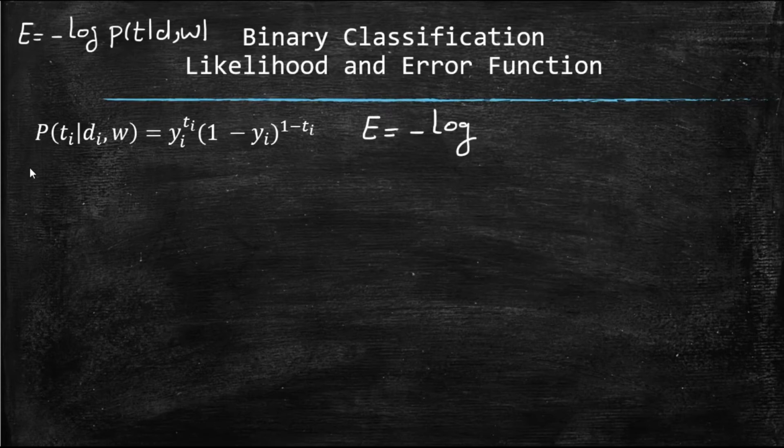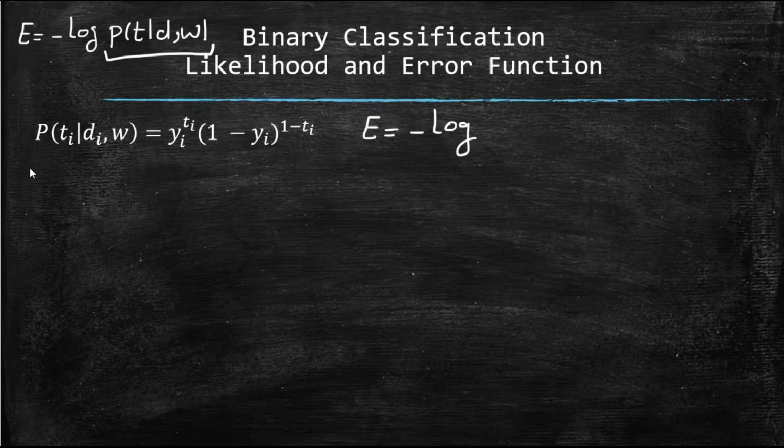of the likelihood. As you remember, we said that since the ground truth labels are independent of each other, so t sub 1, t sub 2, t sub 3, they're independent, then if you want to find the likelihood of all of your ground truths being observed, you can equate that to the multiplication of observing each one individually.